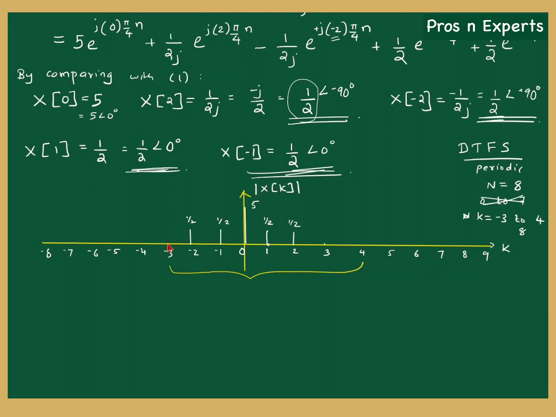Whatever the values at -3 will repeat at 5. So -3 has no value, so 5 should not have any value. Now -2 has 1/2, so 6 will be having 1/2.